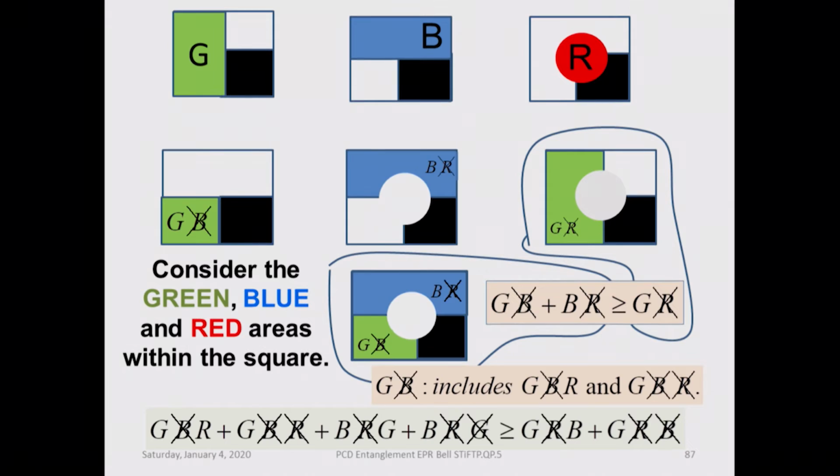So, both R and not R are present in G not B. G not B, that space, the probability space of G not B, the area is now giving us a measure of probability. The probability space of G not B includes G not B R and also G not B not R.